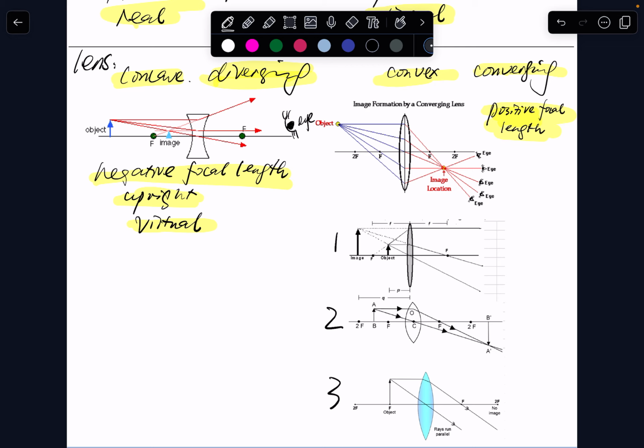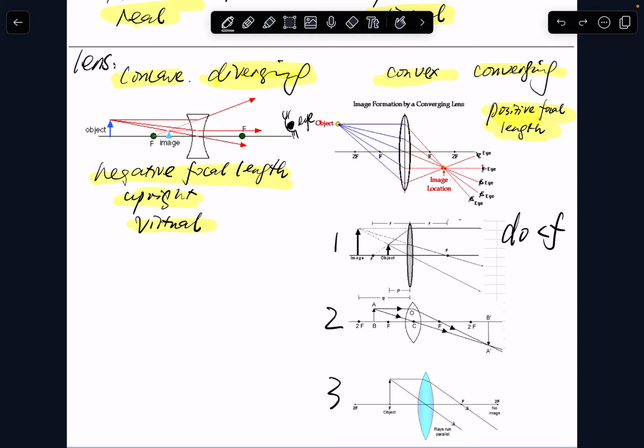The first case is where you can see the DO, the distance of the object, is smaller than the focal length, right? What do I mean? You see the object is really here, but the focal length is on the left side of it. So the distance of the object to the lens, this distance, is really smaller than this distance, right?